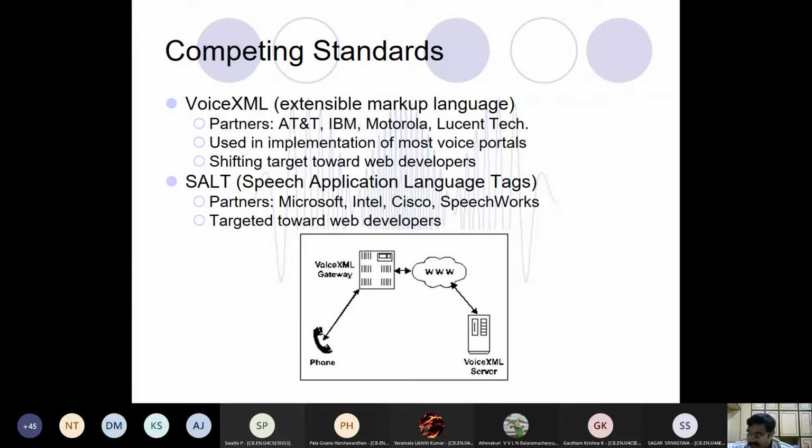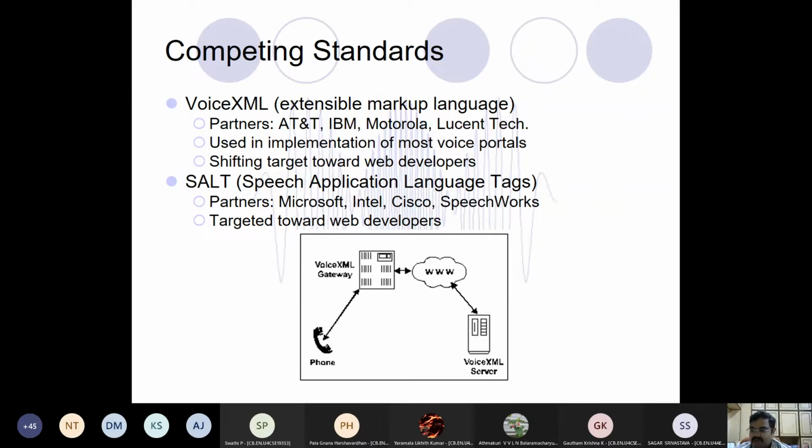Another competing standard, mainly promoted by the software companies, is SALT, Speech Application Language Tags. Microsoft, Intel, Cisco, and SpeechWorks are using it. I am given to understand that, at least for computing applications, SALT has become more and more popular. But both standards are there, and they are not going to go away.